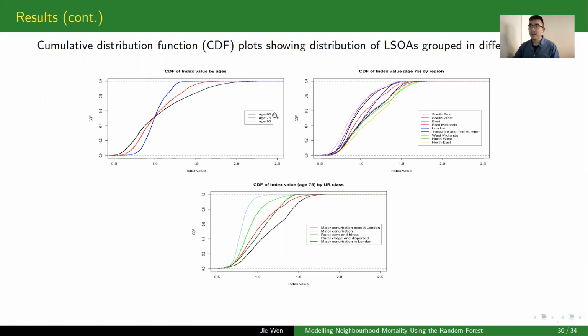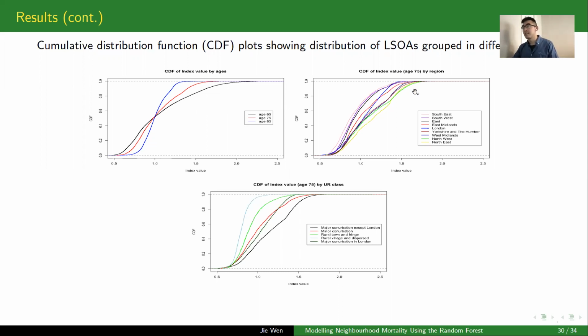We look at ages 65, 75, and 85, and we can see that as age grows, the distribution of the life index narrows significantly. This is consistent with the finding that socioeconomic differences in mortality are much less obvious in the higher age population compared to younger age populations.